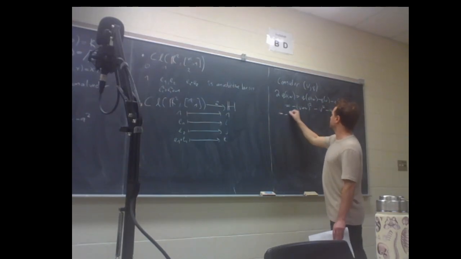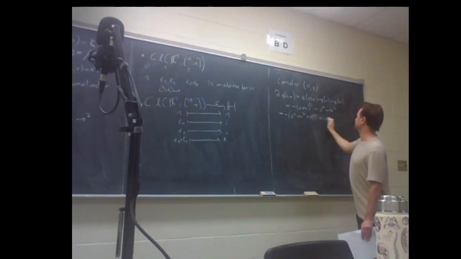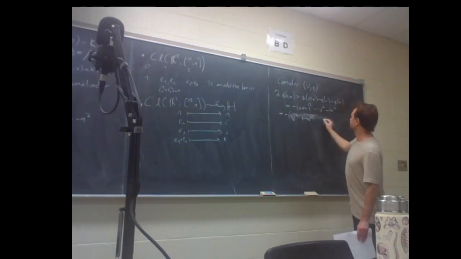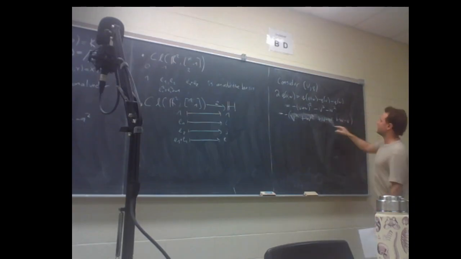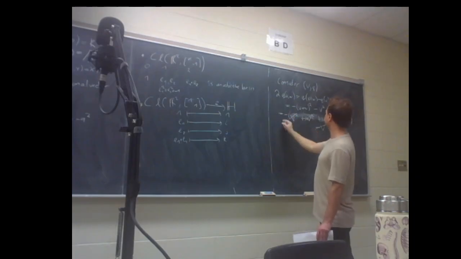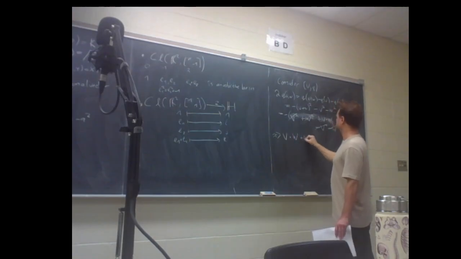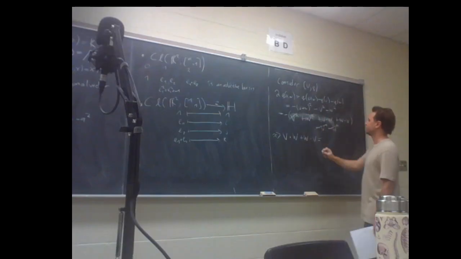If you expand this out, you're going to get V squared plus W squared plus V times W plus W times V, and then we're still subtracting off V squared and W squared. So we get that cancellation, and we still get a minus here. If we rearrange, what we find is that VW plus WV, well, they don't anti-commute, but the failure to commute is given by the bilinear form.